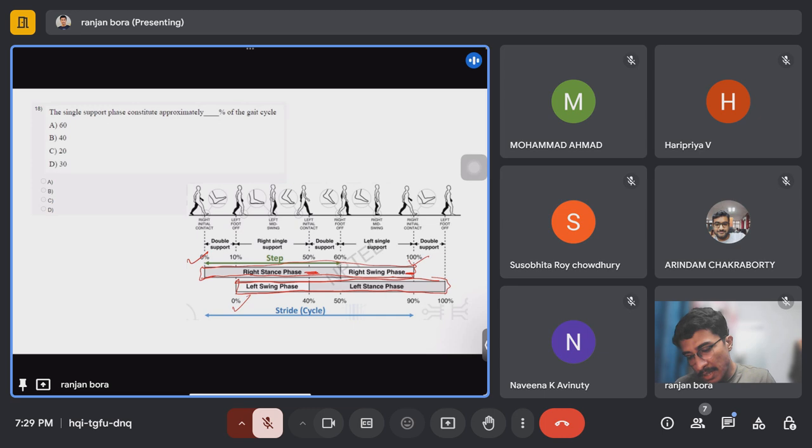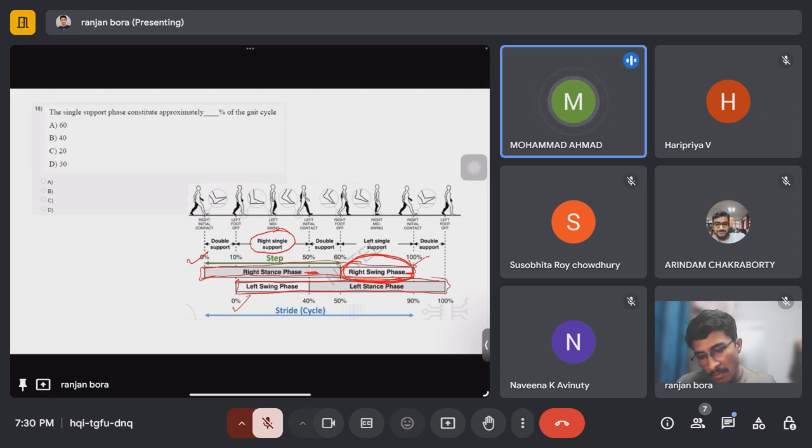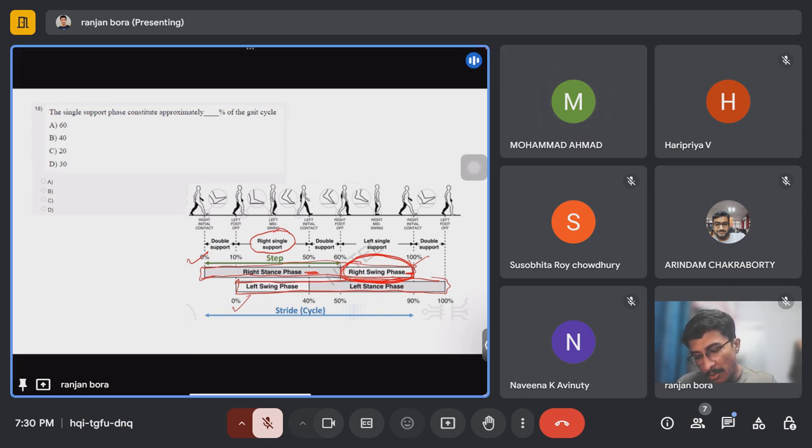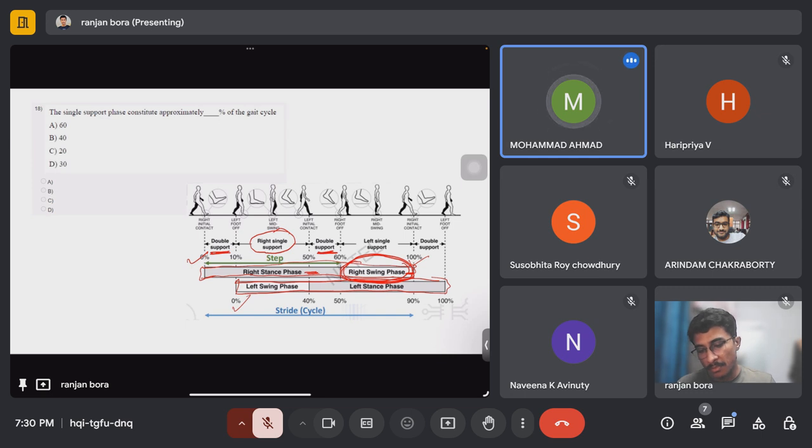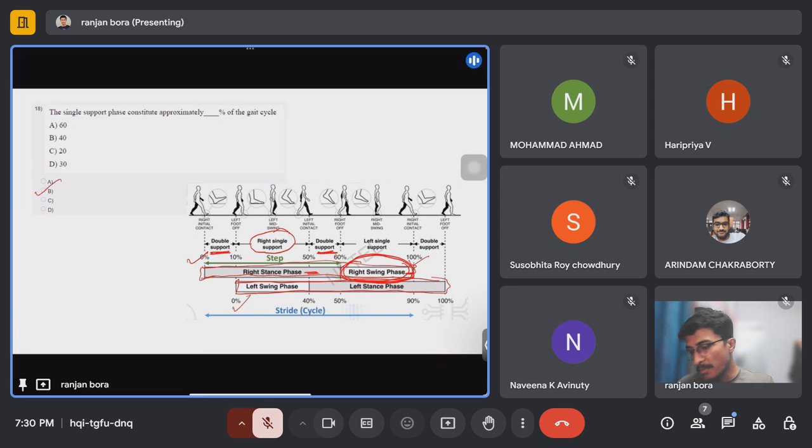And for this foot, there is only one right single support, and the remaining is right swing phase. Is it clear? Okay. For double support, someone asked what the answer will be. Double support will have 20, because it has two. So option B is correct.